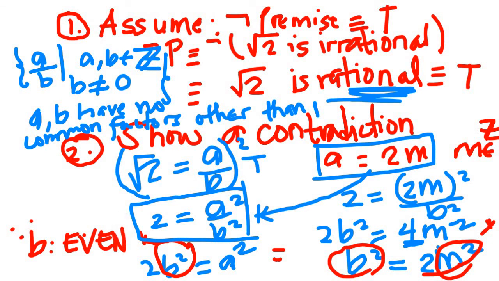And that will be the foundation of a contradiction, because if we have a over b, then even over even is not in its simplest terms. So it violates the definition that there are no common factors other than 1.